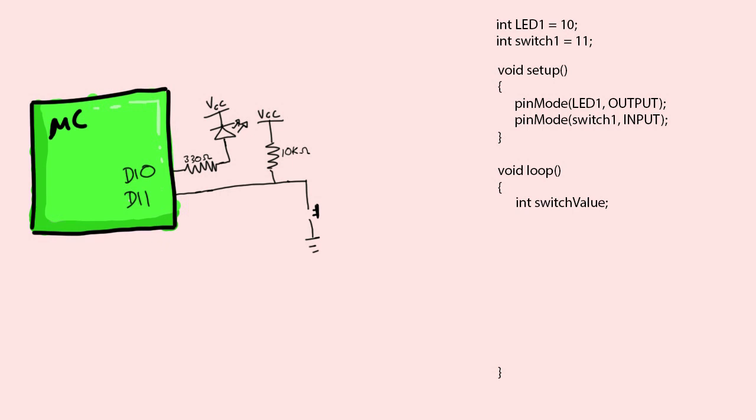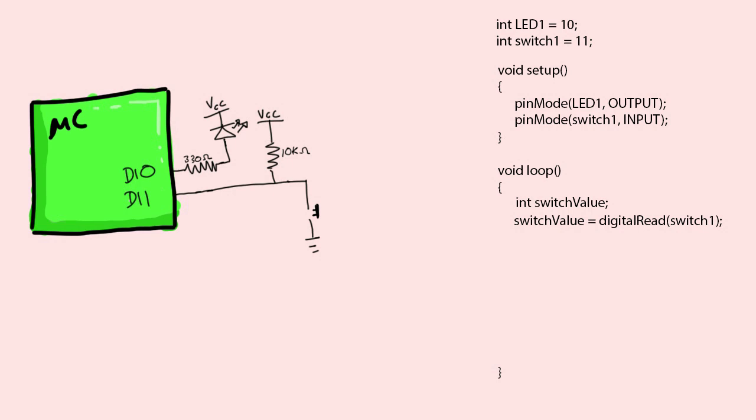So I need to read the state of the switch, and to do this I use the function digitalRead. digitalRead accepts the particular pin that I want to check its state. So I want to read this pin here. It will return a value which I can store in a variable, and it will tell me the current state.